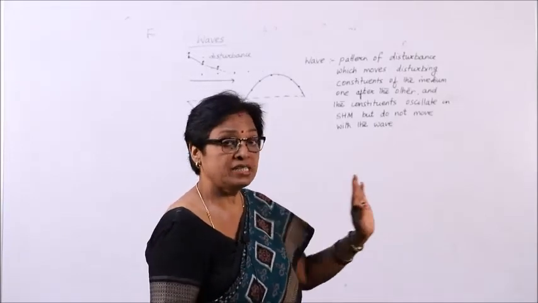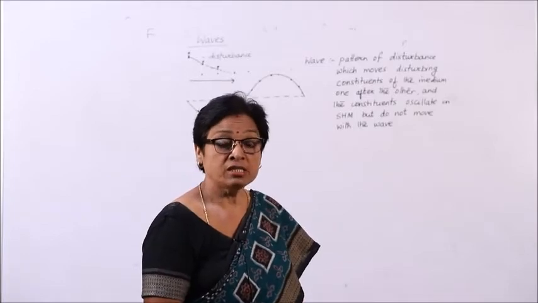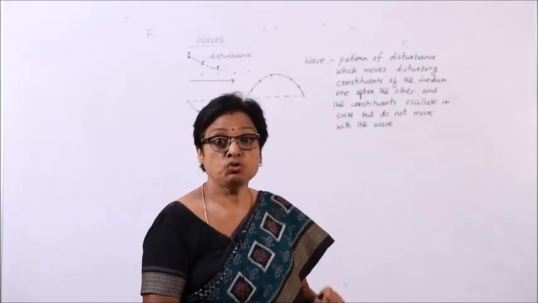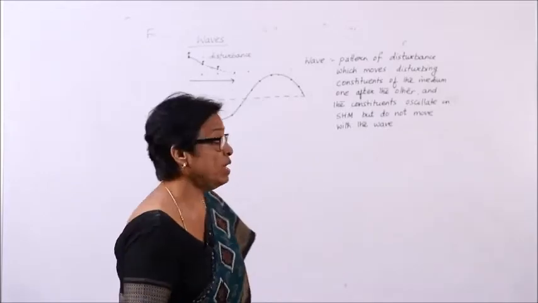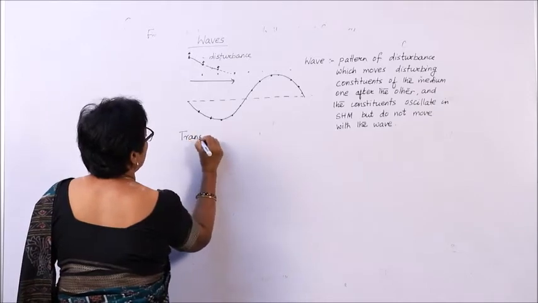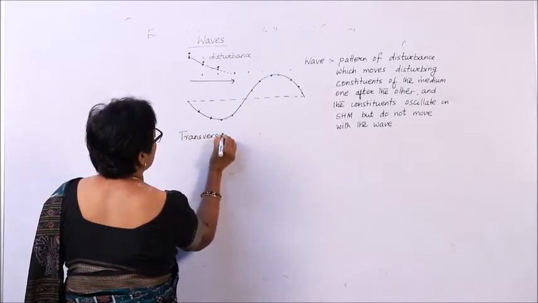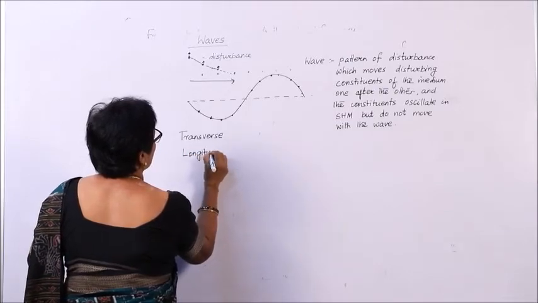Remember, the particles or the constituents of the medium oscillate, they may oscillate perpendicular or parallel, and that is why we have two kinds of wave. We can define types: transverse or longitudinal. What is transverse?